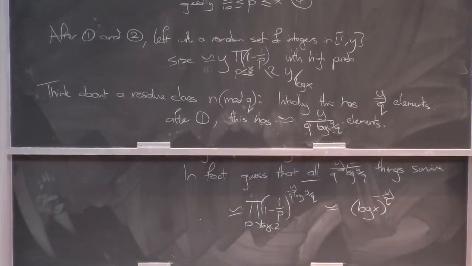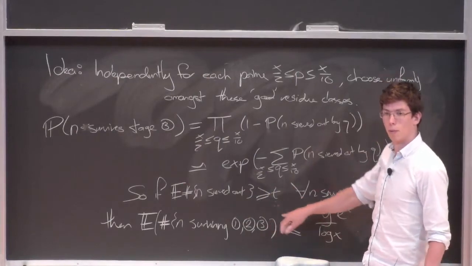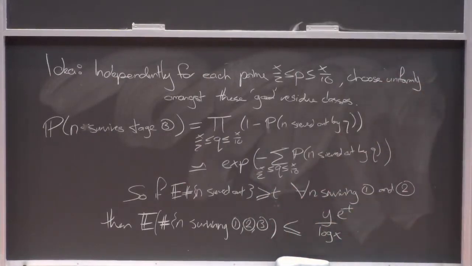But we should maybe check what we should actually expect, because it's not obvious that the expected number of times it sieves out, even if everything is totally uniform, would really go to infinity.